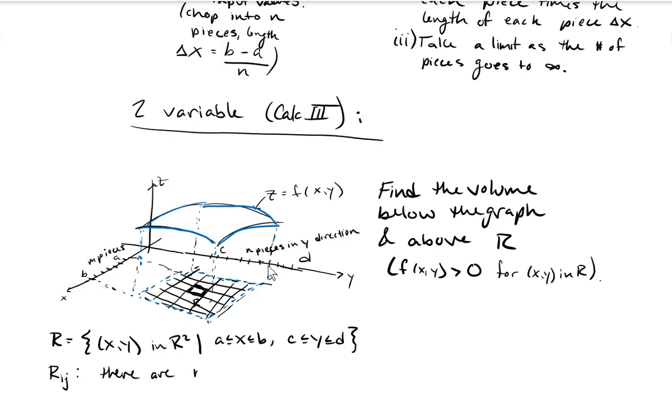There are m times n divisions of this rectangle R, each one labeled Rij, where i is some number between 1 and m, one of these m intervals along this direction, and the j value goes from 1 to n, one of the intervals along the y direction.